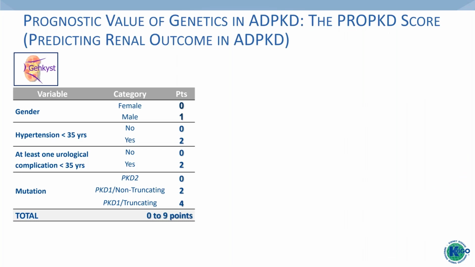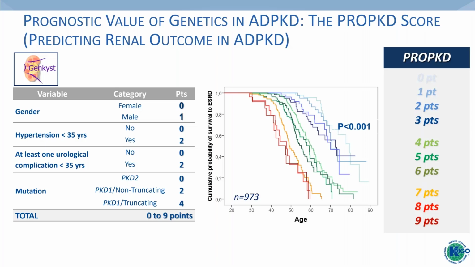Now, to use this genetic information at an individual level, we have developed a prognosis score that takes into account simple clinical factors. You have here sex, hypertension, urological events, together with the genetic information. And the score ranges from 0 to 9 points, and you can see here an increasing severity in terms of renal survival from 0 in light blue to 9 points in dark red.